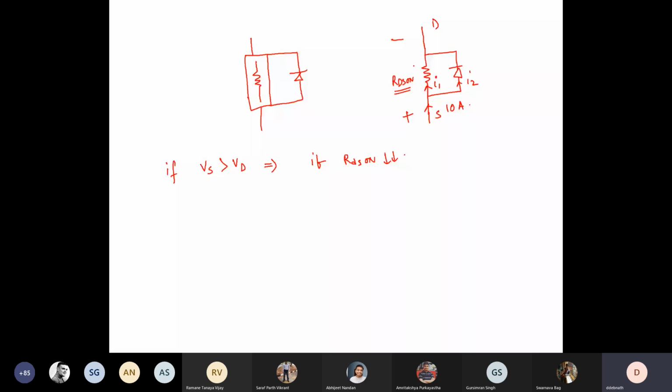Sometimes we'll connect several MOSFETs in parallel, so it will come down even lesser. So let's say it is 20 milliohm, and my current requirement is 10 ampere. So what will be the voltage across the resistance? If I assume that the resistance is conducting, it will be 10 into 20 into 10 raised to minus 3, so 0.2 volt. Is it correct?